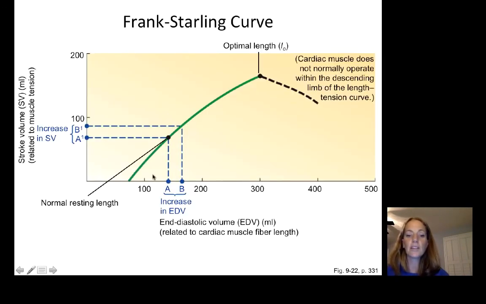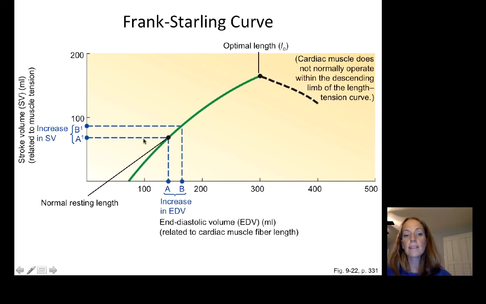So this is the relationship here. The normal resting length of a heart muscle is below the optimal length. So filling the heart more gets it closer to the optimal length.